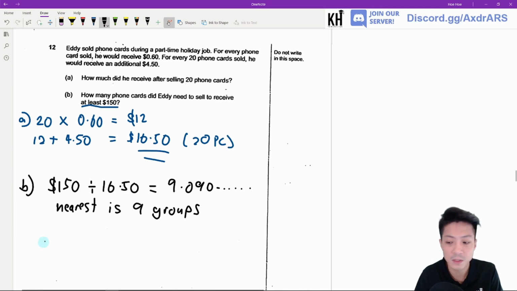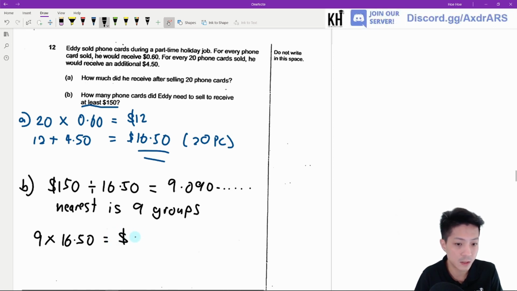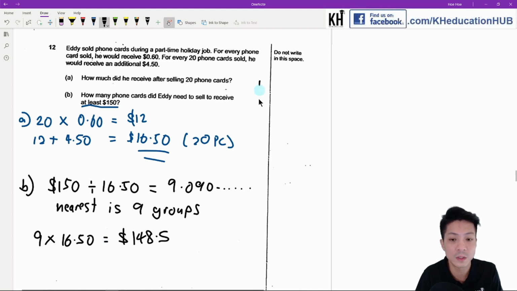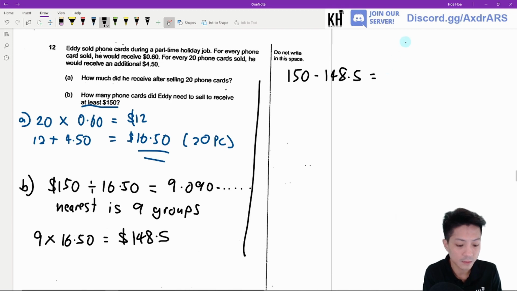Okay, so the next step is I will use 9 times 16.50. It's gonna be $148.50. Okay, which means that he needs to earn another $1.50.